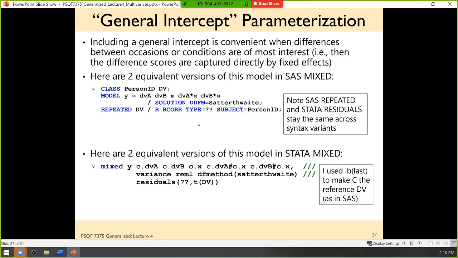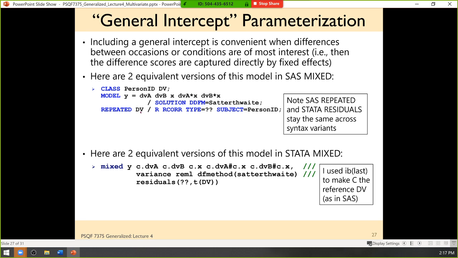So here's what the code would look like to do this. If I have my 3 dv's in SAS, look at this. I have dva, dvb, the main effect of x, and the effect of x multiplied by dva and dvb.